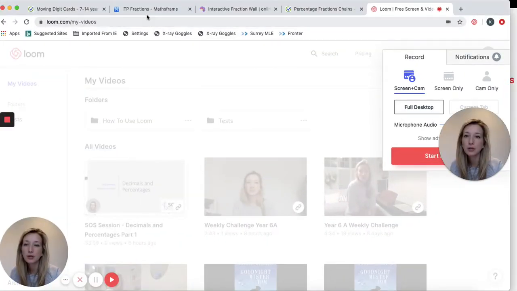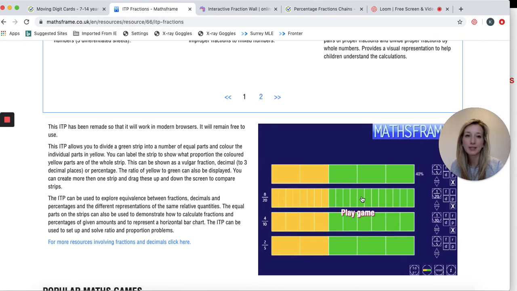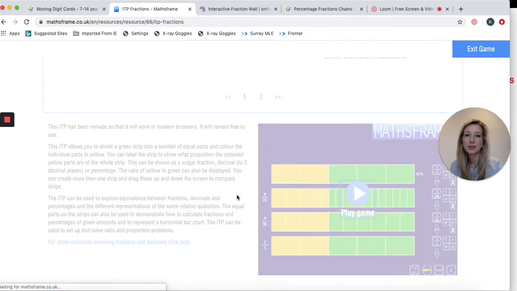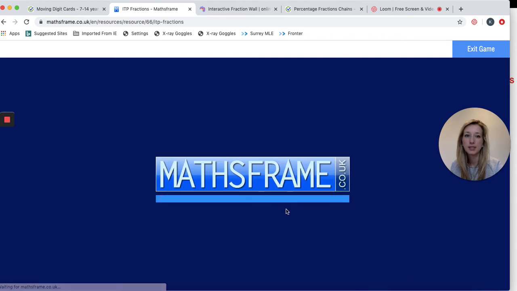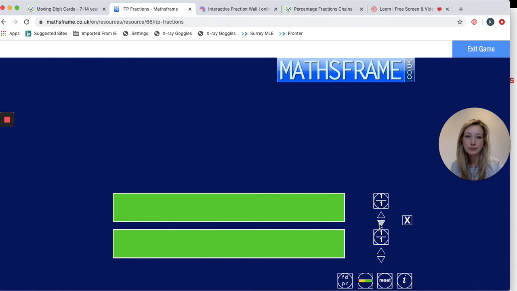So we've got this ITP, Maths Frame. So if I just open that up for you and just demonstrate. Yeah. So you could add another bar and then create it into 2 halves, shade a half.